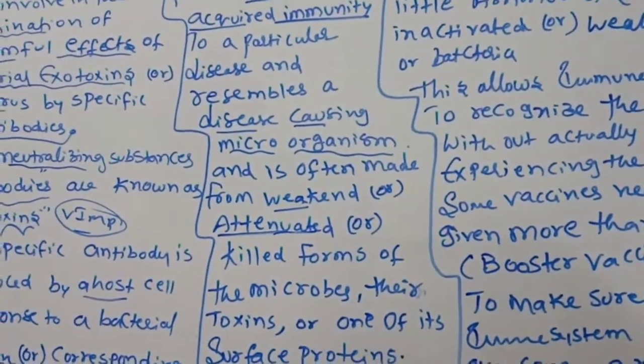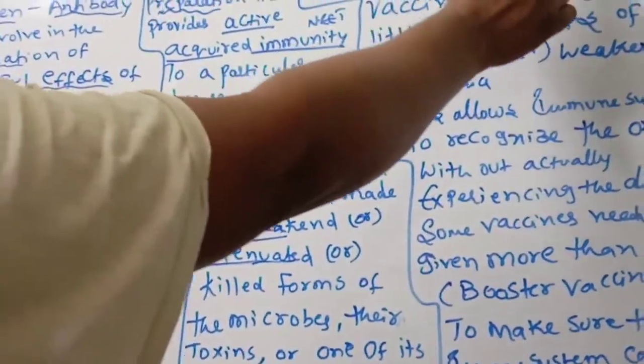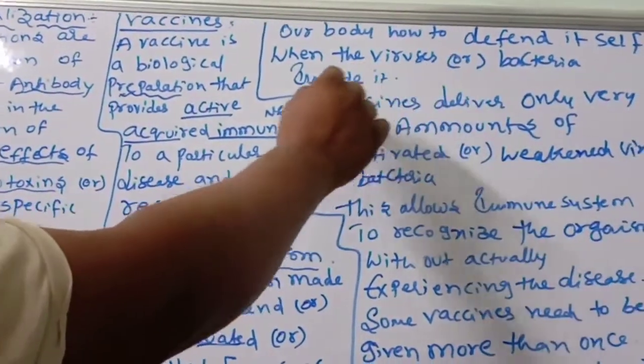Their toxins are one of the surface proteins. Vaccines teach our body how to defend itself when a virus or bacteria invades it.